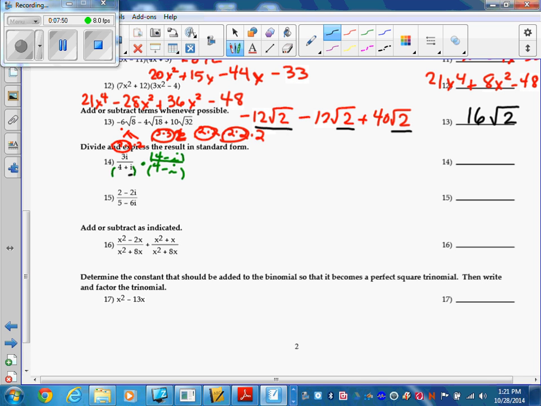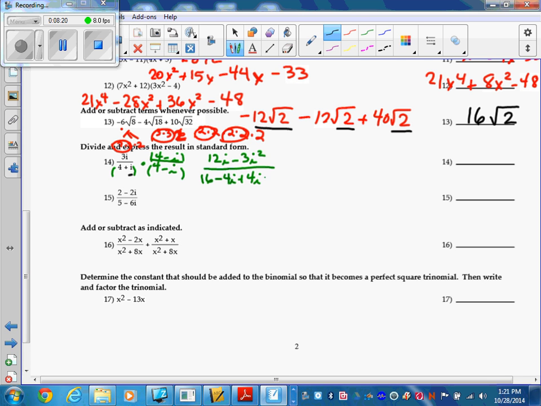So we have 3i times 4 is 12i, and 3i times negative i is negative 3i squared. For the bottom, 4 times 4 is 16, and this is going to be minus 4i plus 4i, which is the way we planned it. If you don't get that, you didn't pick the right conjugate.